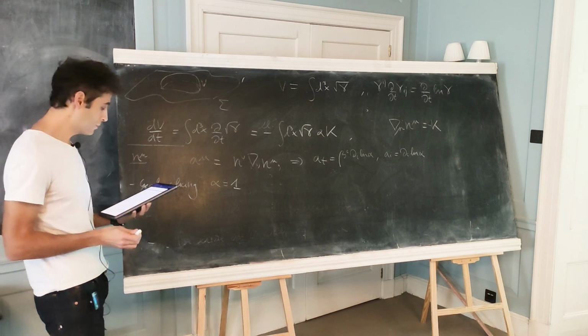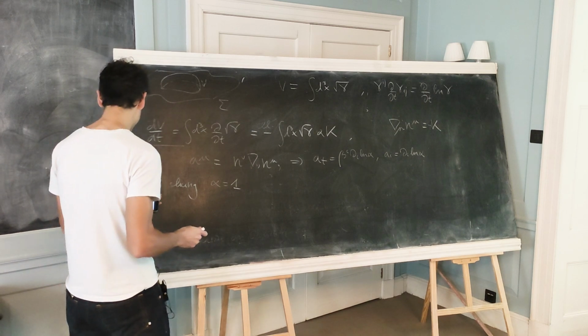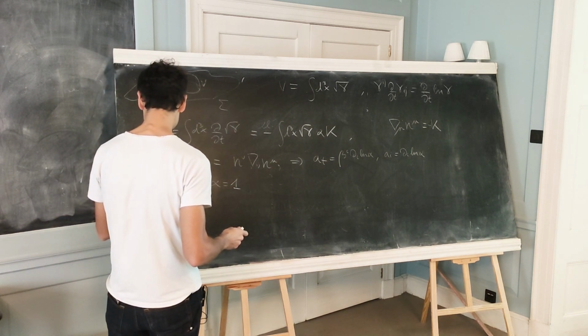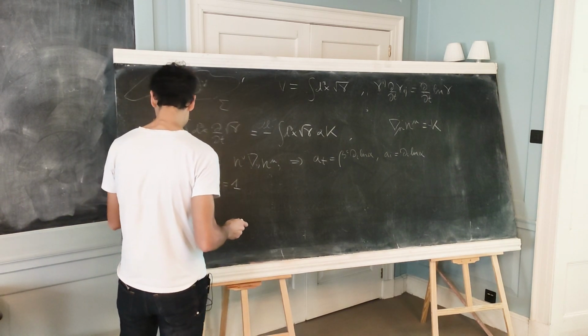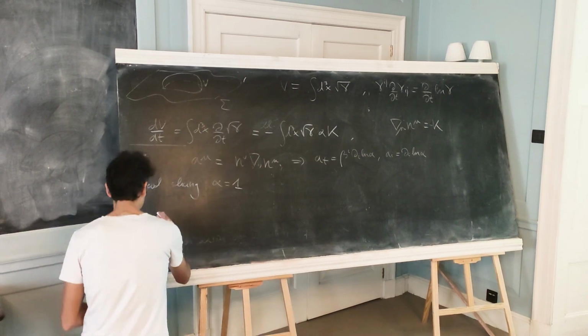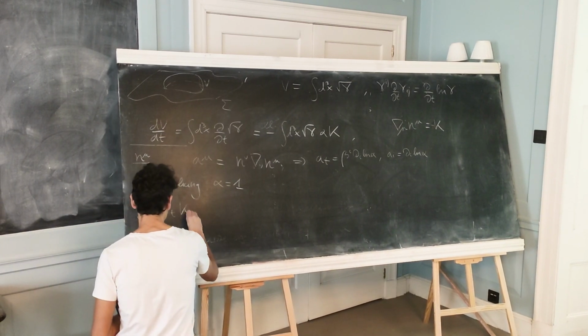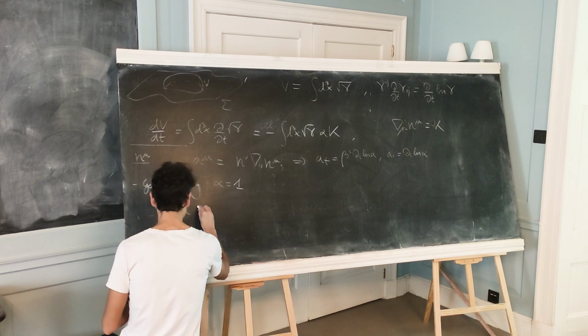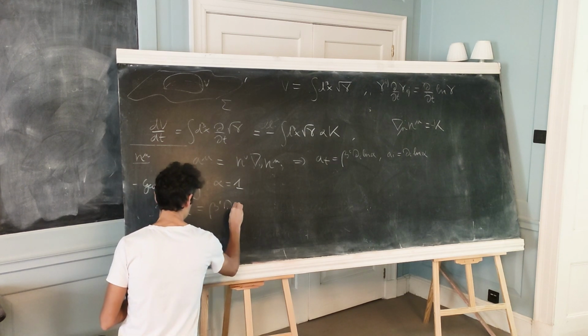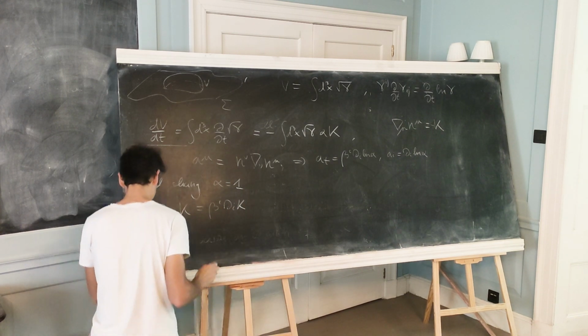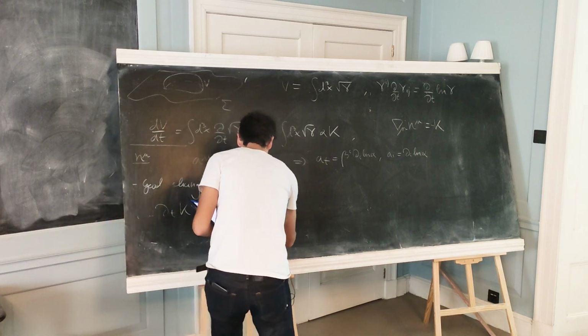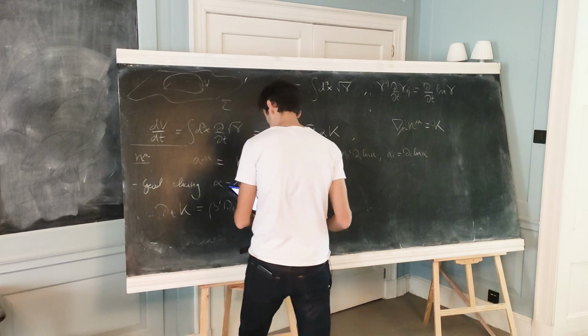Now, if you use the ADM equations, you can look at the evolution of the trace of the extrinsic curvature, and it's given by this equation.